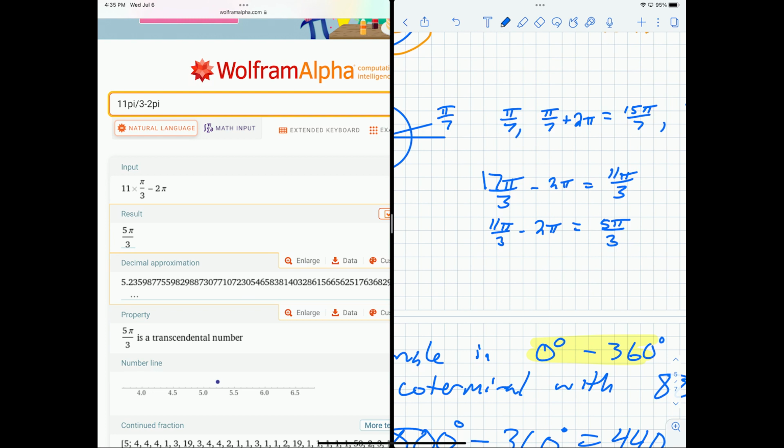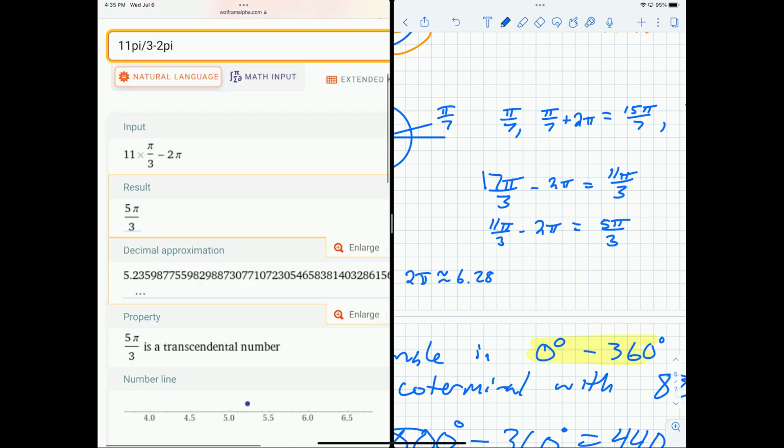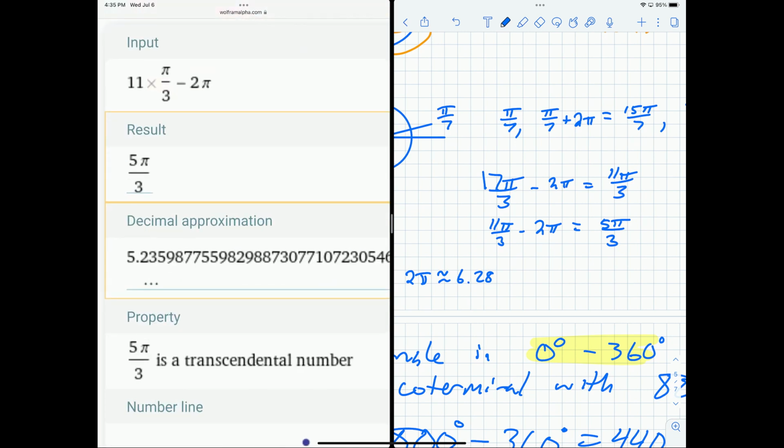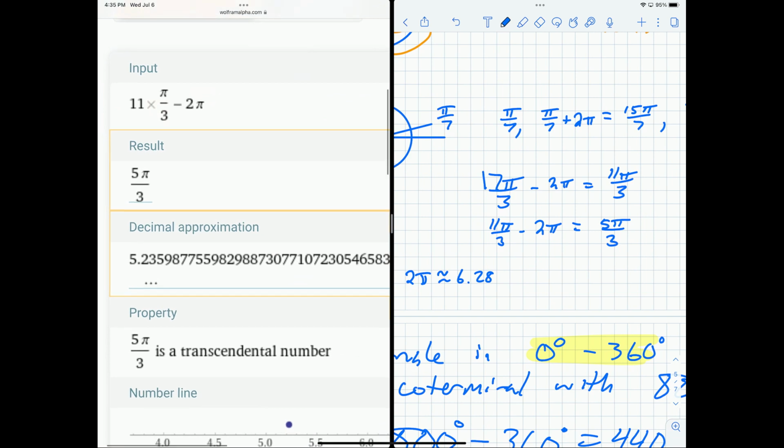Remember that pi is about 3.14, so 2 pi is around 6.28. When we get an answer like 5.23 in the decimal approximation, you know you're between 0 and 2 pi, because 5.2 is smaller than 2 pi. So this is my answer.